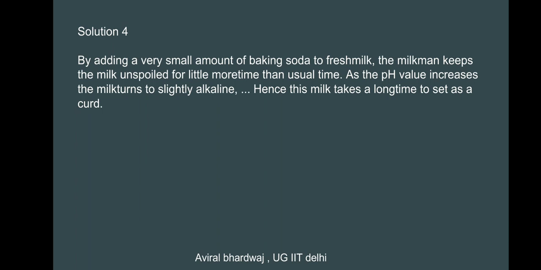The milkman does this so that the milk stays unspoiled for a long time, longer than usual. It increases the pH to slightly alkaline. But then the milk takes a longer time to set as curd. We use curd to maintain the pH at 7.